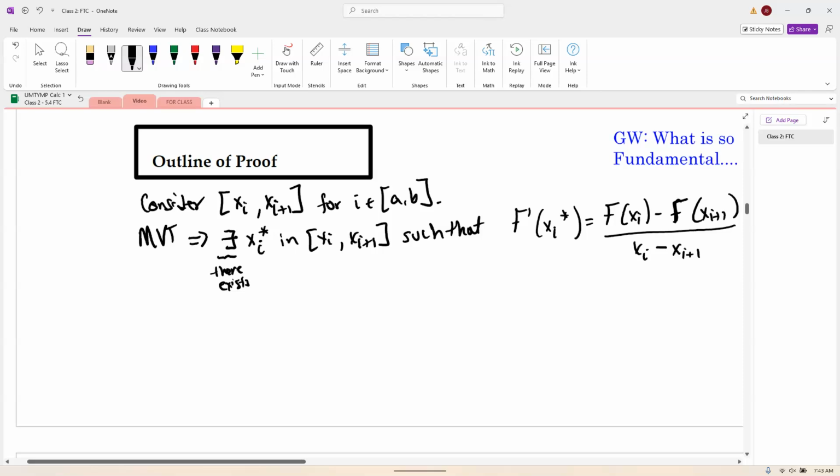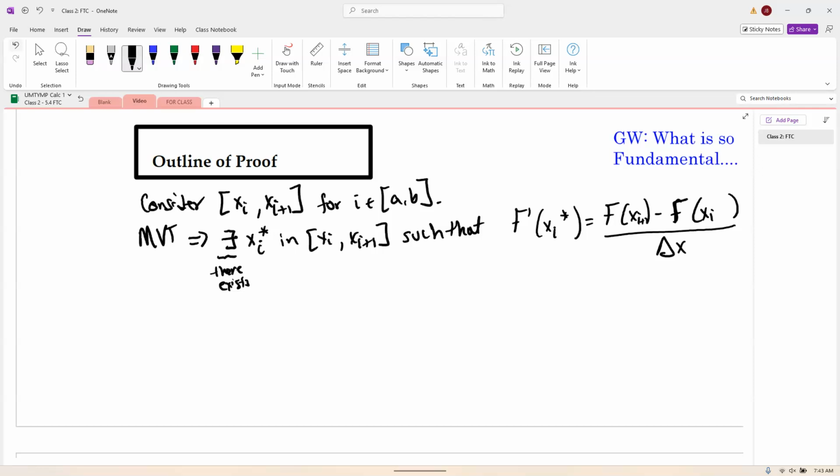I could reverse these, it doesn't much matter, the signs would work out. That whole denominator is just delta x.